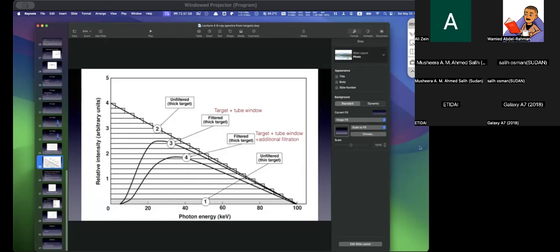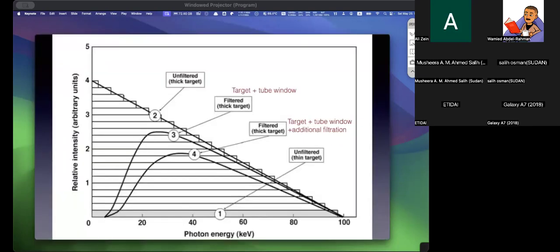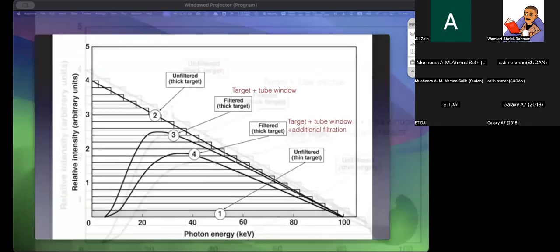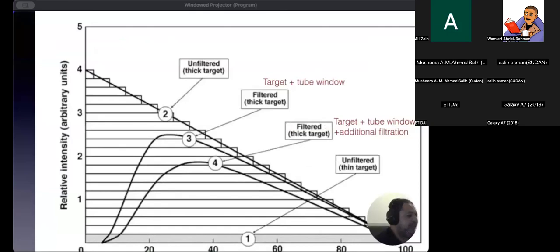Any other questions? Sir, I have a question. If you can go back, please, to the slide talking about the mean energy averaged over the particle fluence versus the energy fluence density.